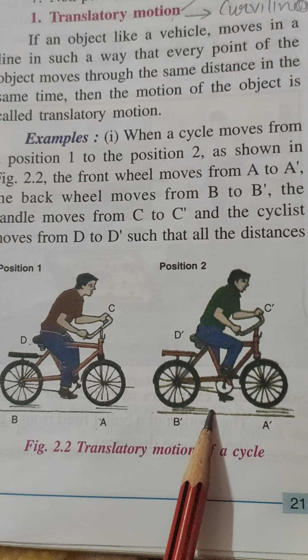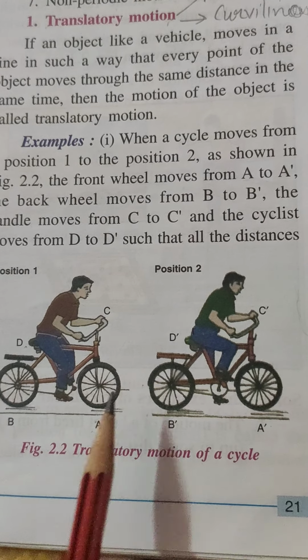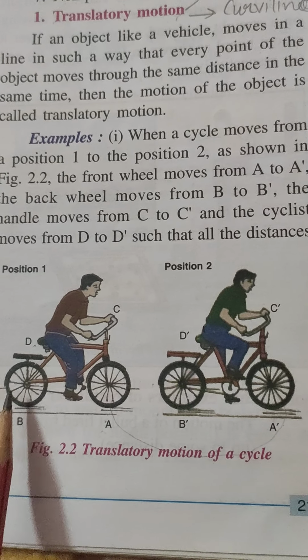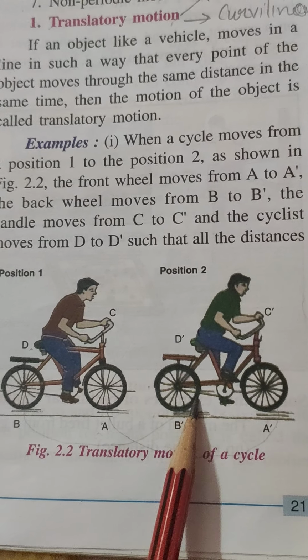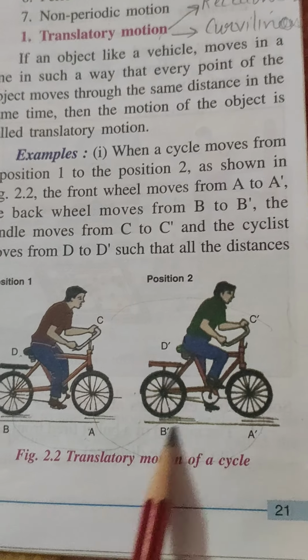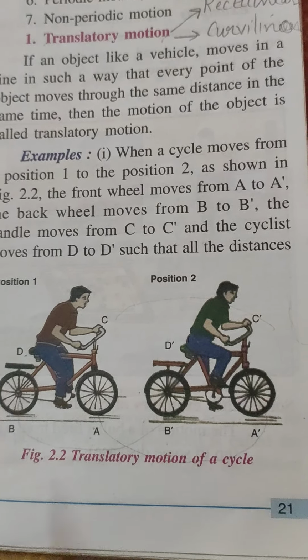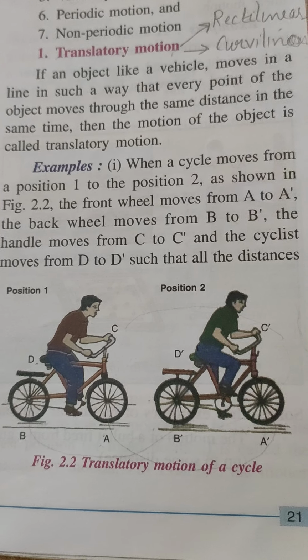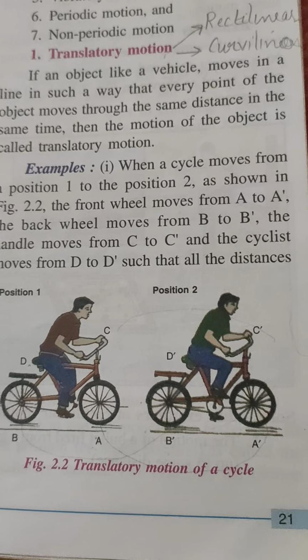As this person moves, the distance moved by each point corresponds to each other. Same distance they are moving. So that is translatory motion.